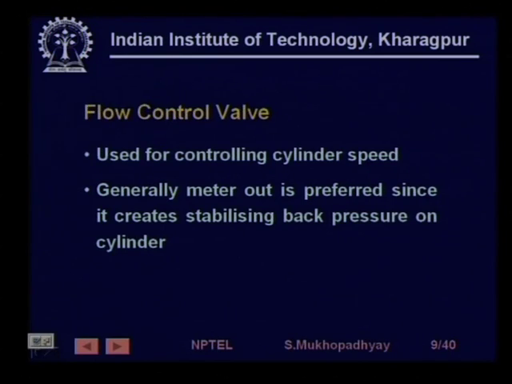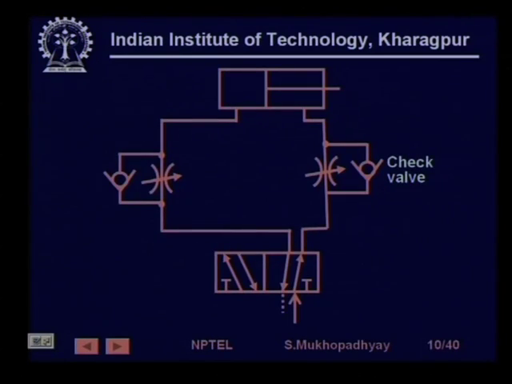Generally people prefer putting it in the outgoing flow, because that creates a back pressure which stabilizes the motion of the cylinder. The moment the cylinder tends to move faster, immediately the flow control valve develops some pressure which tends to decelerate the cylinder. So it's a kind of negative feedback, and it will stabilize the cylinder motion.